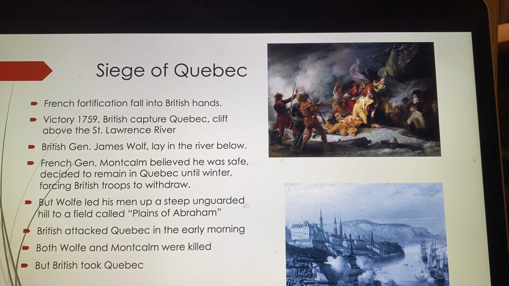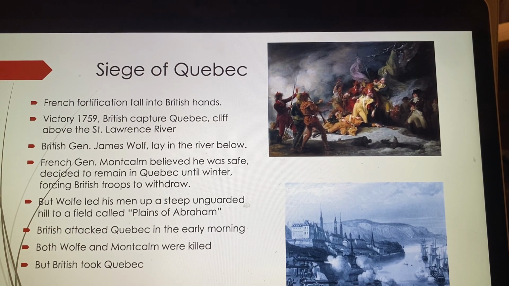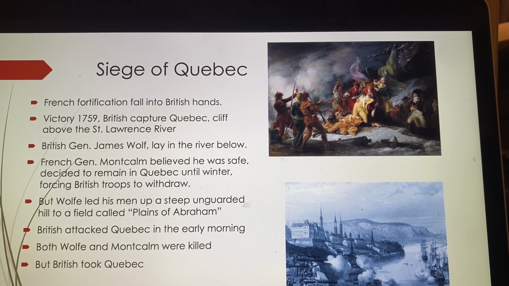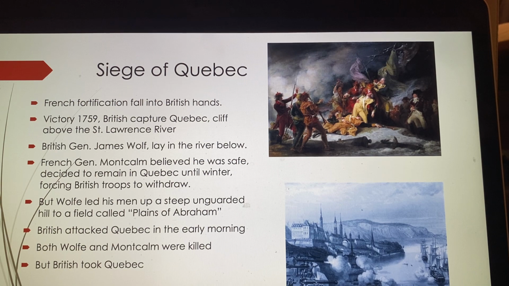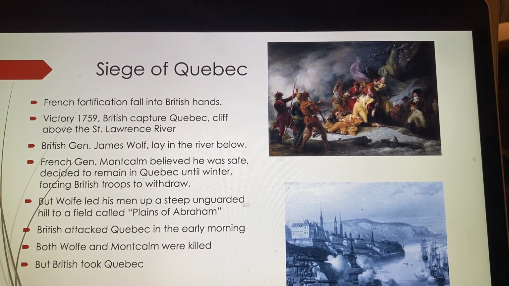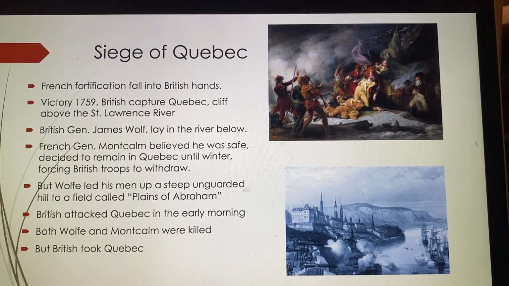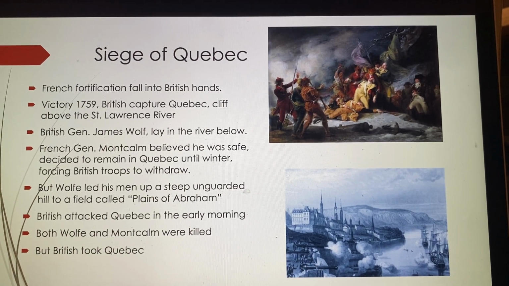He did not believe the British would attack in the midst of all this. Both General Wolfe, the British general, and General Montcalm of the French were killed. But the British took Quebec, and that would probably be the end of the French and Indian War.